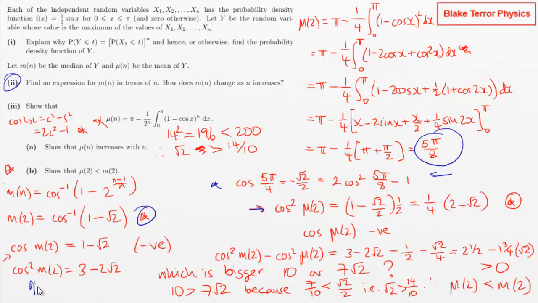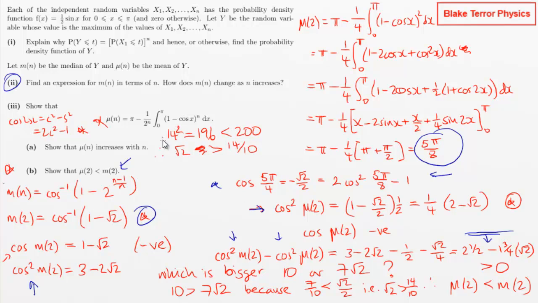I can then do a cos squared m2, and because they're both negative, it's not going to mess up the inequality. Then compare those two cos squareds to see which one of them is bigger, guided by the answer in the question. So by putting the larger one first and then seeing, is this thing positive? So is this thing here, 2.5 minus 1 3/4 lots of root 2, positive? Which essentially comes down to which is bigger, 10 or 7 root 2.